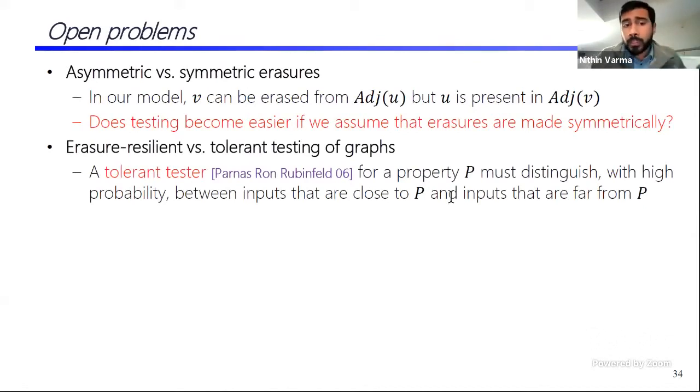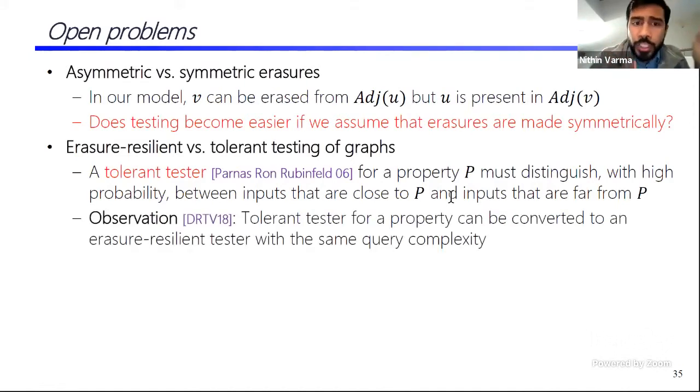Another interesting question is the relationship between erasure-resilient and tolerant testing of graphs. Roughly speaking, a tolerant tester for a property must distinguish with high probability between inputs that are close to satisfying a property and inputs that are far from satisfying a property. Dixit et al., who introduced the erasure-resilient function property testing model, showed that for testing properties of functions, a tolerant tester implies an erasure-resilient tester up to some parameters.